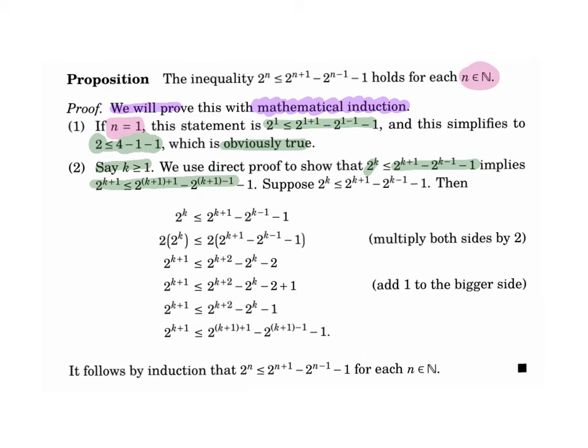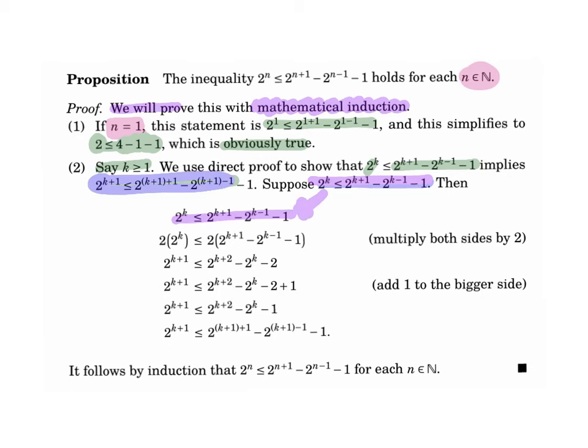Right, so I'm trying to show this implication for my inductive step here. I'm assuming it holds for that k. It's my inductive hypothesis. And now, because I don't know anything about this side here, what they're doing is starting with that entire true inequality. So they're taking that inductive hypothesis and starting with that as their inequality here.